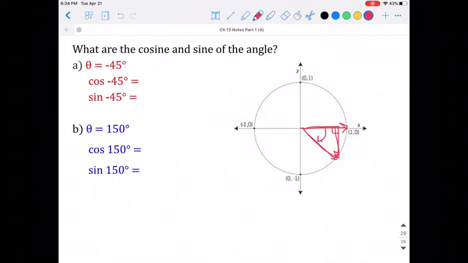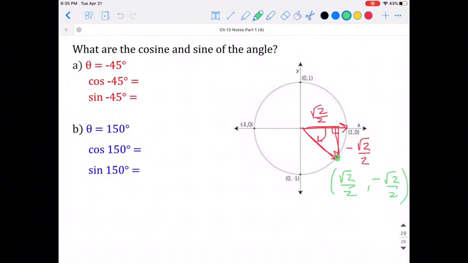For our legs, x is going to be positive because we're on the positive x-axis, so it's going to be radical 2 over 2, and y is going to be negative, so negative radical 2 over 2. So this point on our terminal side is radical 2 over 2, negative radical 2 over 2, which tells us that the cosine of negative 45, represented by the x value, is radical 2 over 2, and the sine of negative 45, represented by the y value, is negative radical 2 over 2.